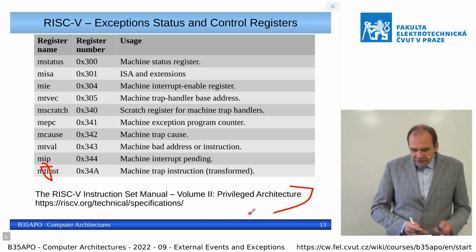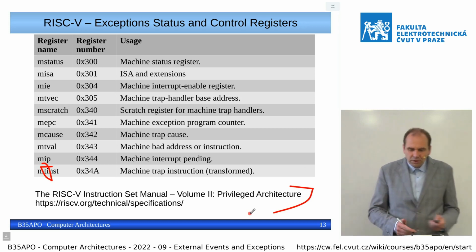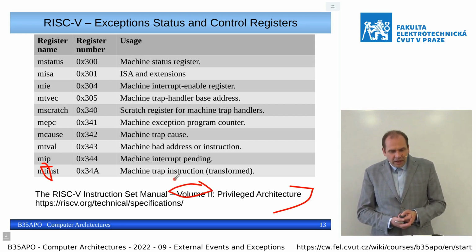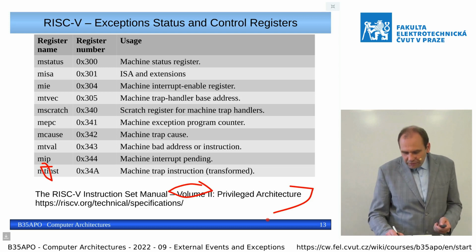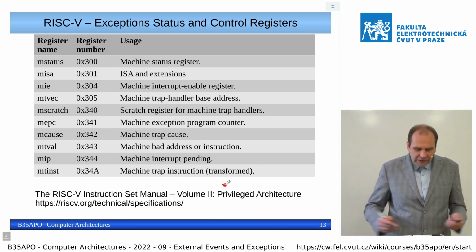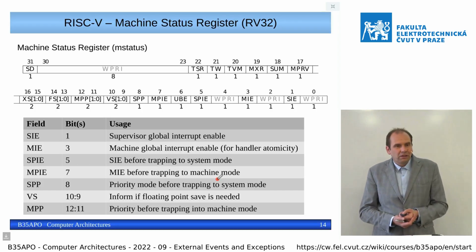All this in the RISC-V case is described in the second volume of the RISC-V architecture specification, which specifies the privileged part of the architecture. And it is great that on RISC-V everything is open and freely accessible.